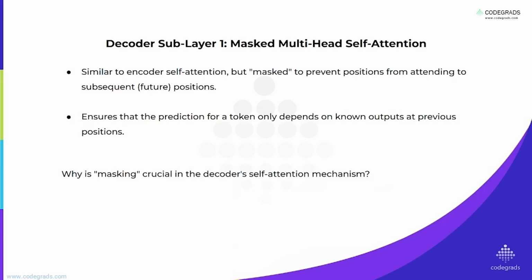Next we have sub-layer one, which is the masked multi-head self-attention. Now it is similar to encoder self-attention. We have seen the multi-head self-attention, but now we are going to see the masked one. It is similar to encoder self-attention, but masked to prevent positions from attending to subsequent future positions. It ensures that the prediction for a token only depends on known output at previous positions.